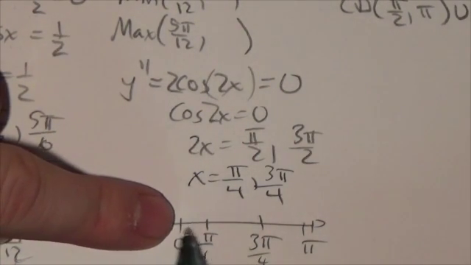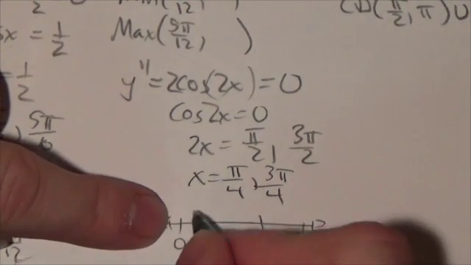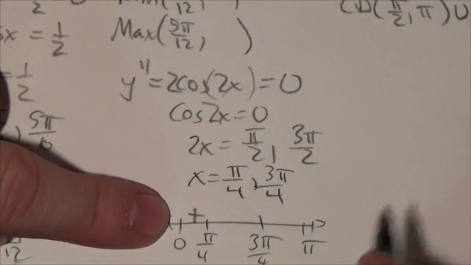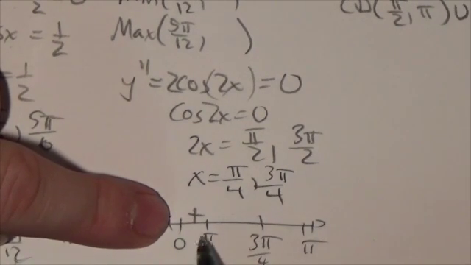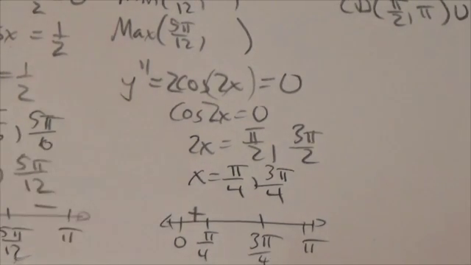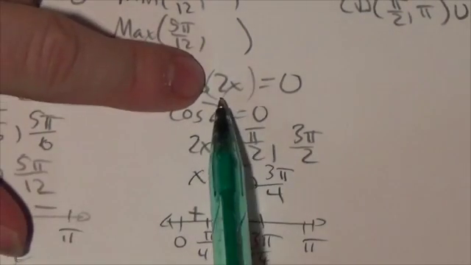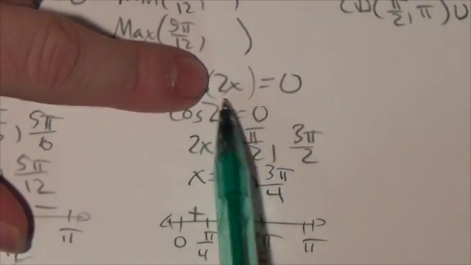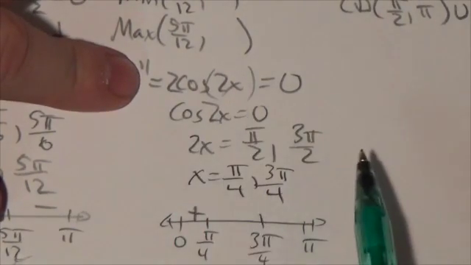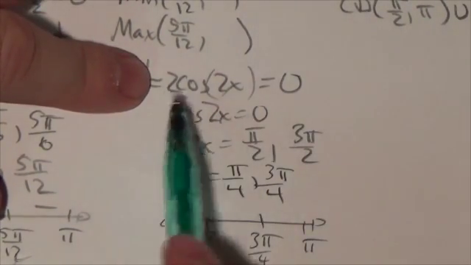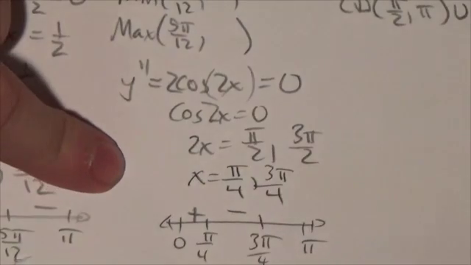So this little section really amounts to that first quadrant, and we know that cosine is going to be positive in the first quadrant. If you choose a number between pi over 4 and 3 pi over 4, let's just say, for example, pi over 2, and plug that in here, 2 times pi over 2 is going to be pi. Cosine of pi is negative 1, times 2 is negative 2, so this is going to be negative.